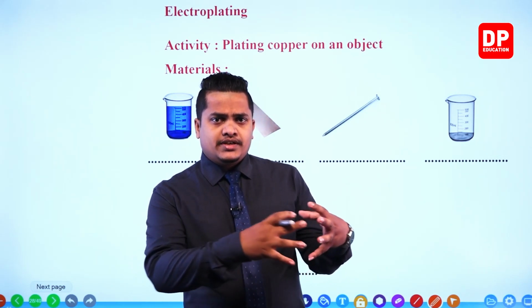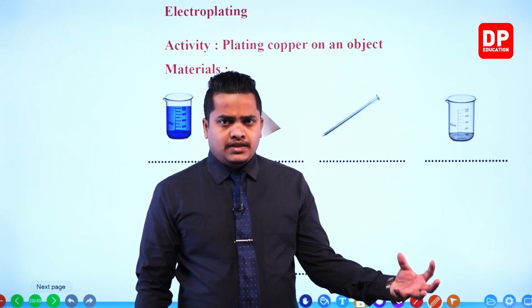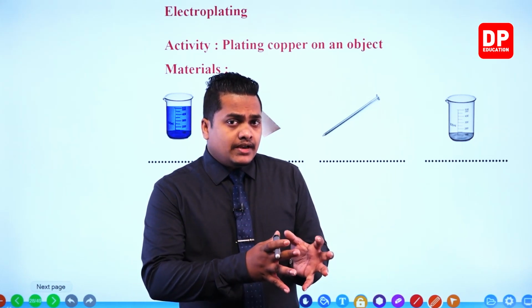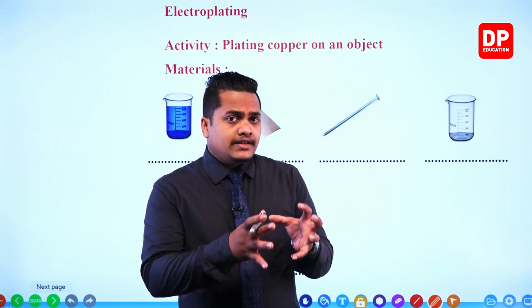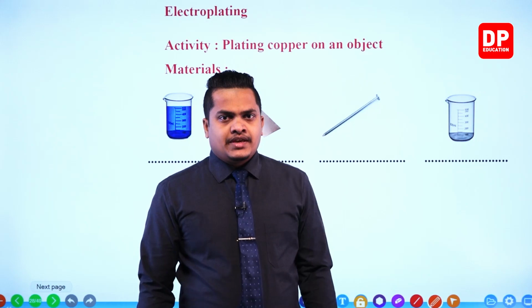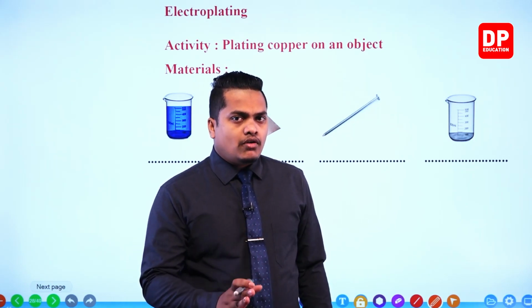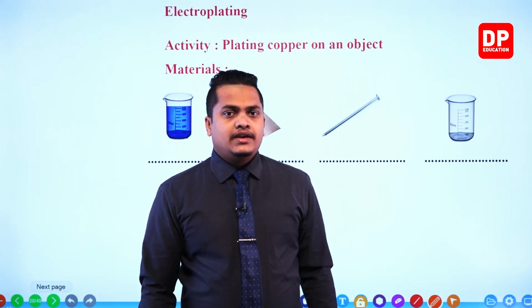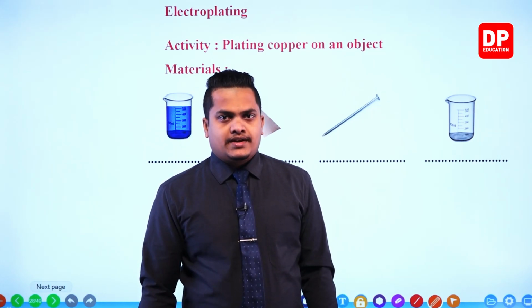Then he polishes it and gives it to the person the necklace belongs to. In that case, my dear children, the person is using the process of electrolysis. He is plating gold on a different object, the necklace.